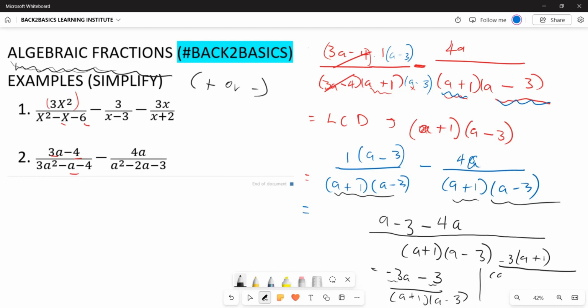Over your a plus 1 and also your a subtract 3. Now you can see these two are going to cancel. So which means actually your answer, let's write it here. Your actual answer is going to be negative 3 over a subtract 3. Now you have successfully solved this one.